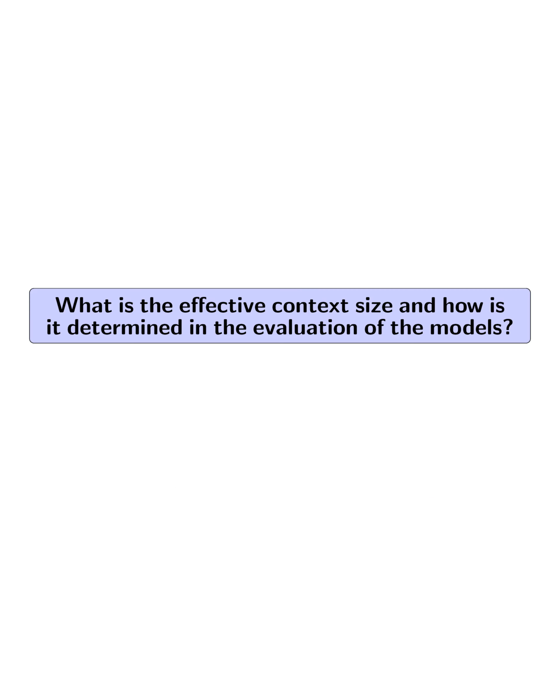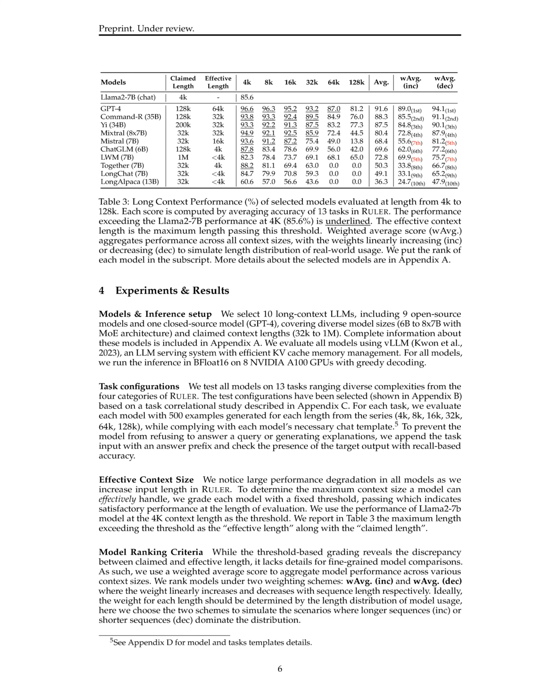What is the effective context size, and how is it determined in the evaluation of the models? The effective context size is determined by grading each model with a fixed threshold, which is based on the performance of the Llama 2-7B model at the 4K context length.